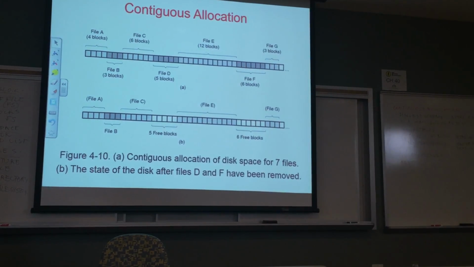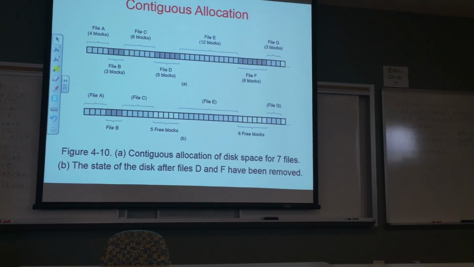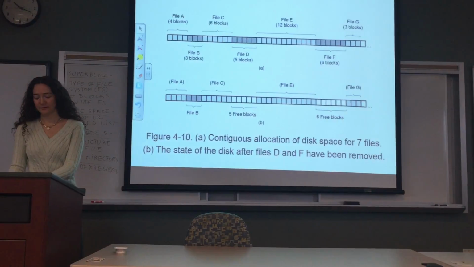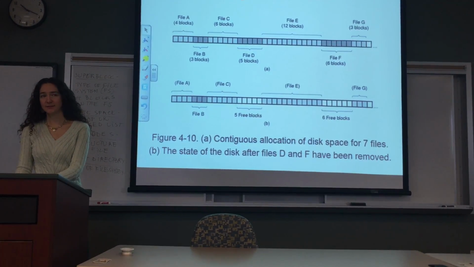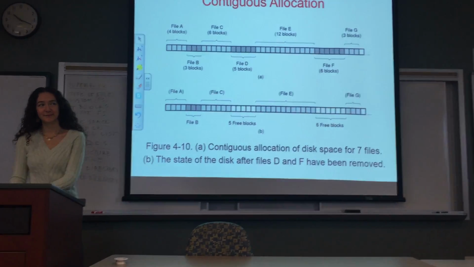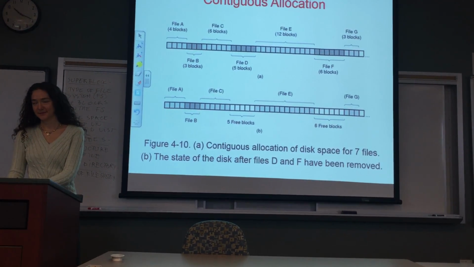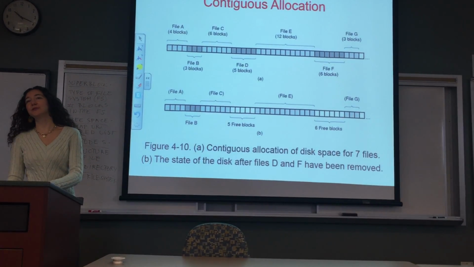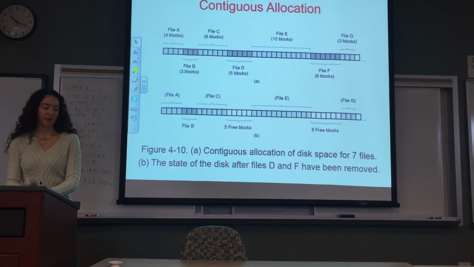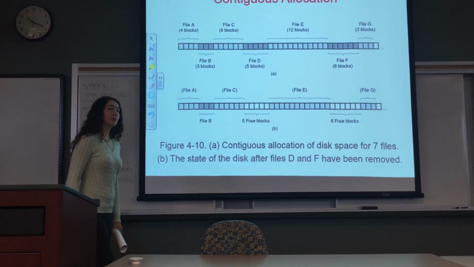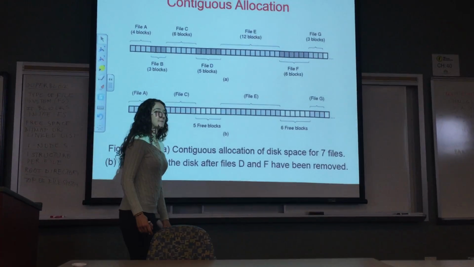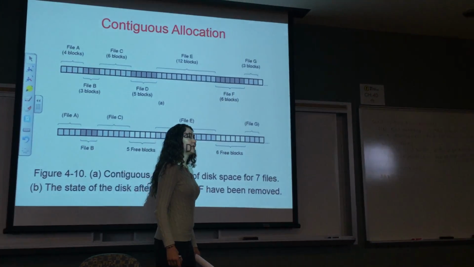You guys remember what happened when we did segmentation? So we would put one process in one segment and then remove it from there to insert another process. Do you remember what was the issue with that?